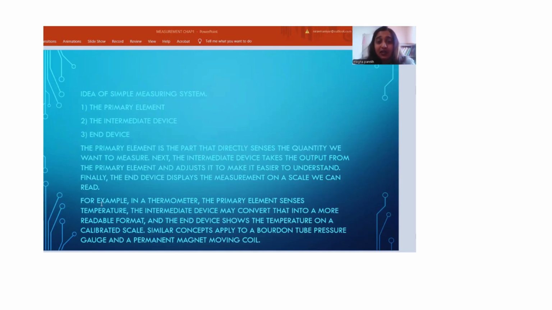So basically, to understand what a measuring system is, we have divided the system into three elements. And we have given them the names primary, intermediate, and end device for better understanding of any system.